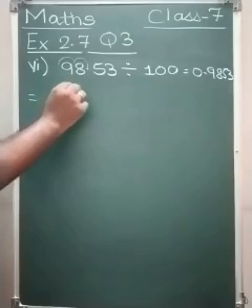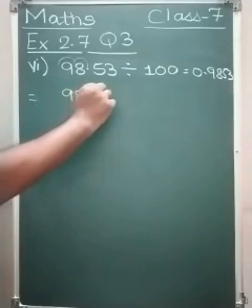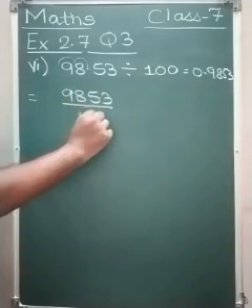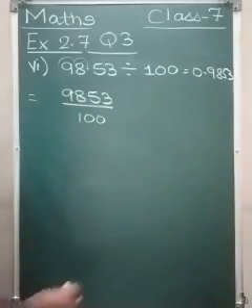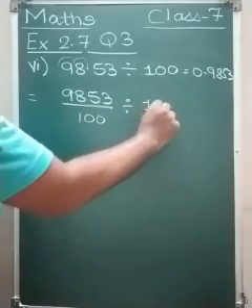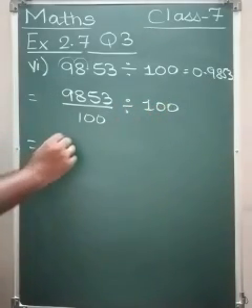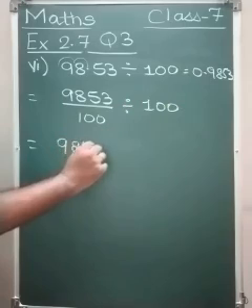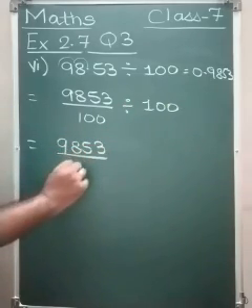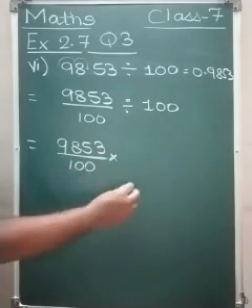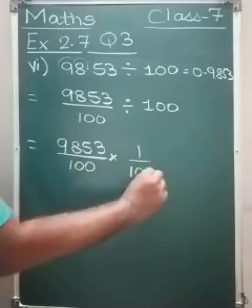So this equals 9853 upon 100 divided by 100. So this equals 9853 upon 100 multiplied by 1 upon 100.